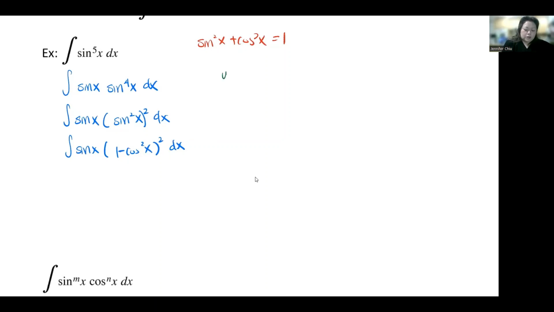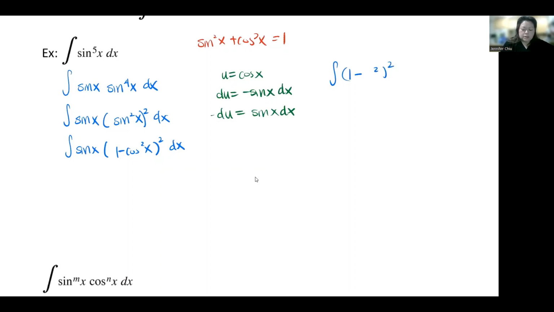So now if you say u is equal to cosine x, du is negative sine x dx. I like to move my negative over, so now negative du equals sine x dx. So now your integral can be rewritten as 1 minus u squared, squared.